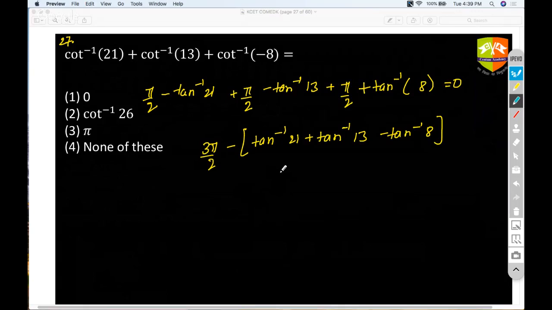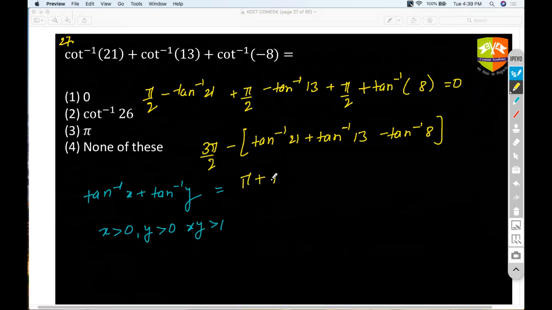Is that fine? Now, we all know that tan inverse of x plus tan inverse of y, if x and y both are positive and xy is greater than 1, we follow the formula of pi plus tan inverse of (x plus y) by (1 minus xy).